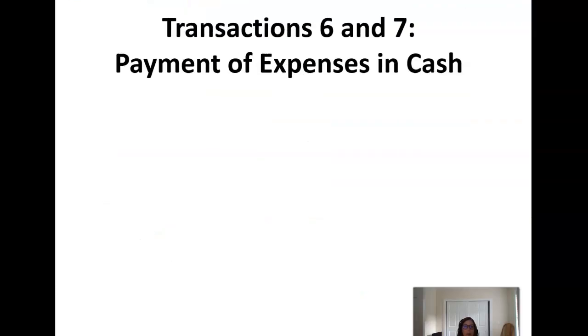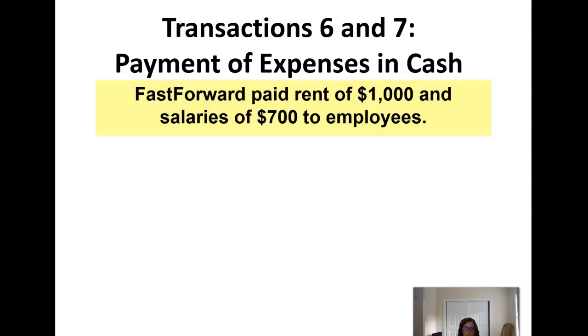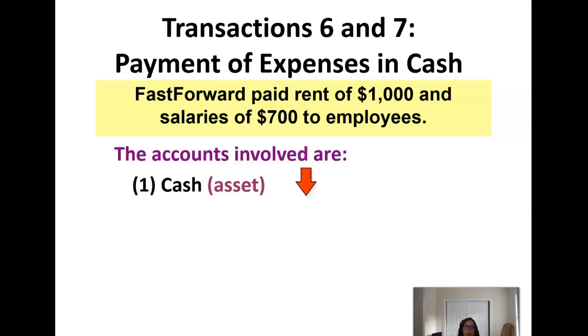$41,300. Okay, well, the time has come that we have some expenses we have to pay for. So again, cash, okay, now we've got expenses. And it's rent of $1,000 and salary of $700 to its employees. So we got some cash going out here. So our cash is going down.